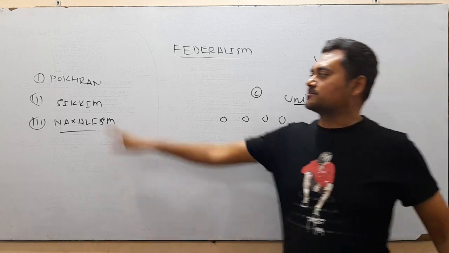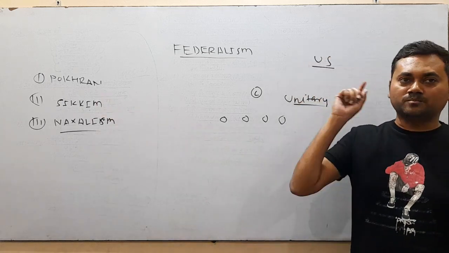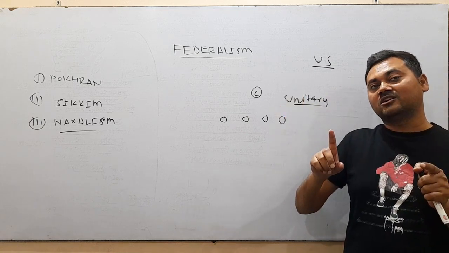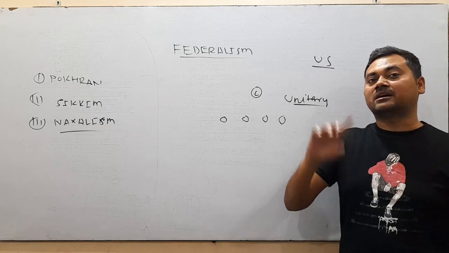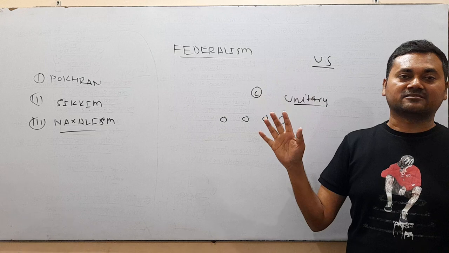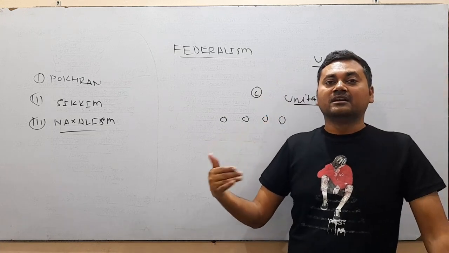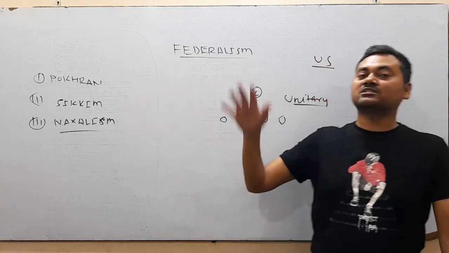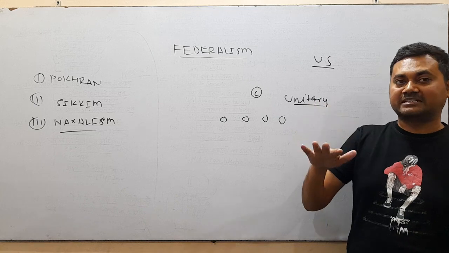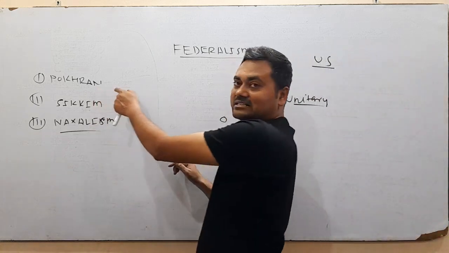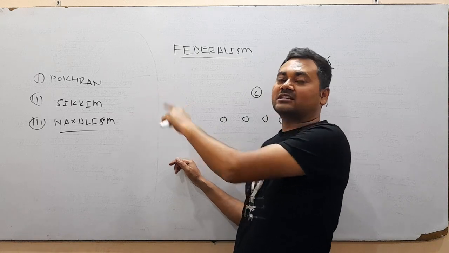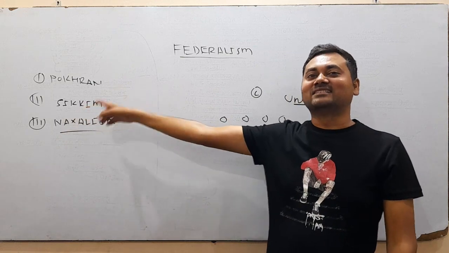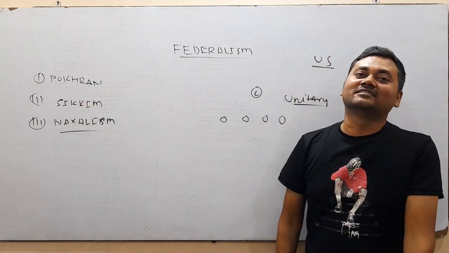Now let's discuss this Pokhran issue. The nuclear program is a subject which comes under the central list. Because it is a subject of the central list, the Rajasthan government does not have any right to tell the central government, look, this is my territory and you cannot perform this nuclear test anymore.